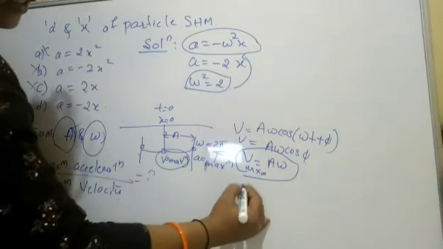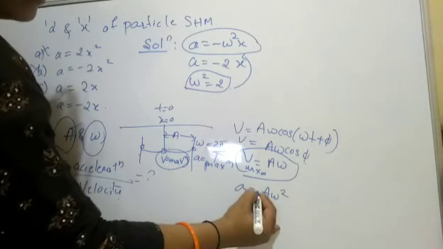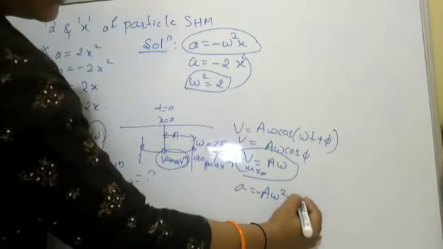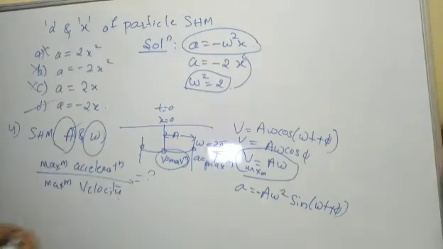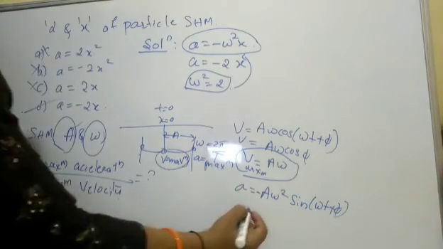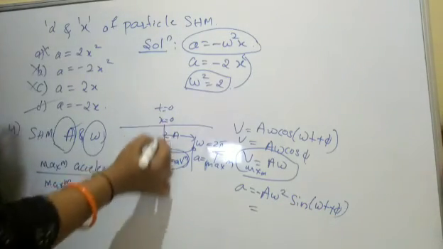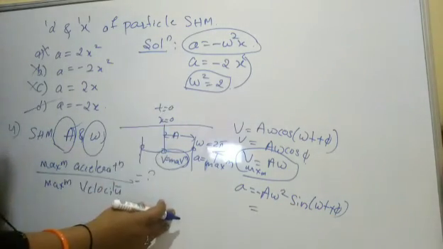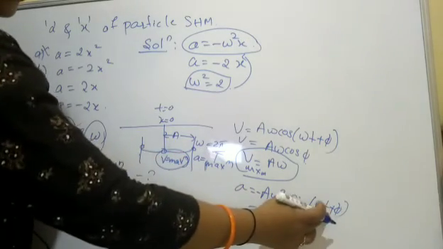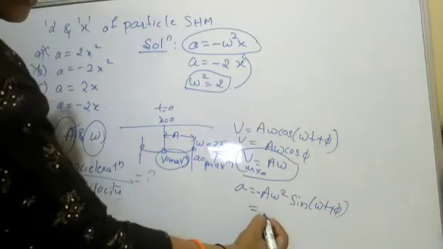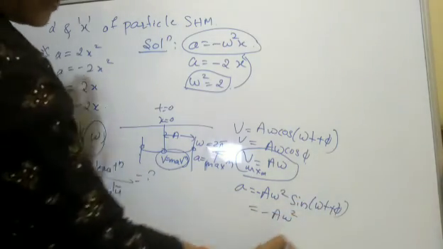And acceleration is what here, minus a omega square sine(omega t plus phi). This equation we know already. Let us cross check: the omega t part will be 0, remaining a omega square sine phi.